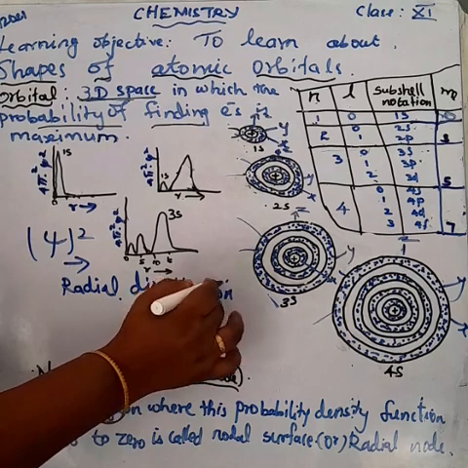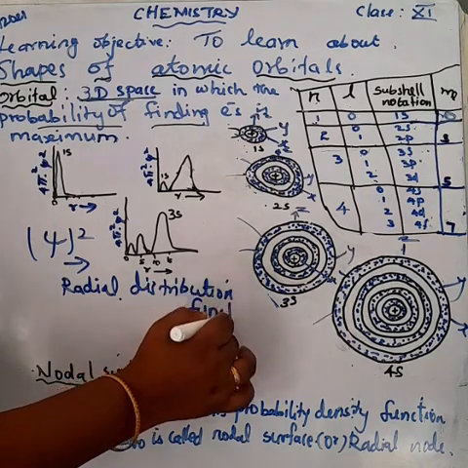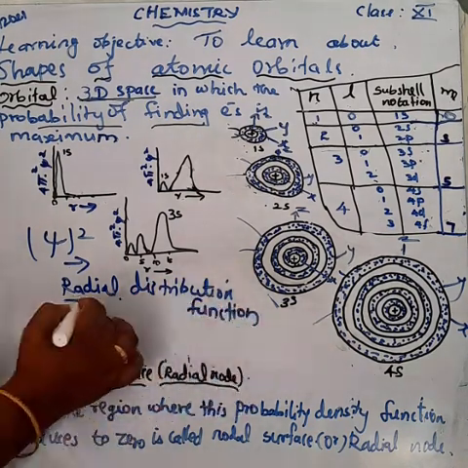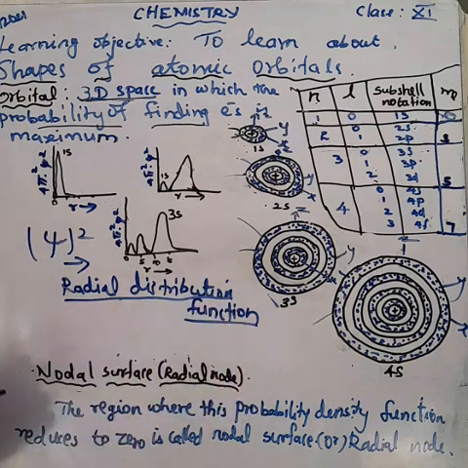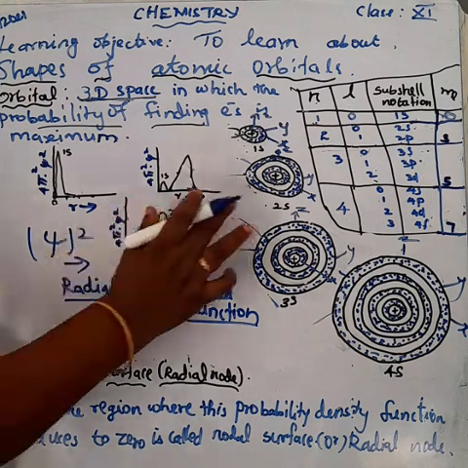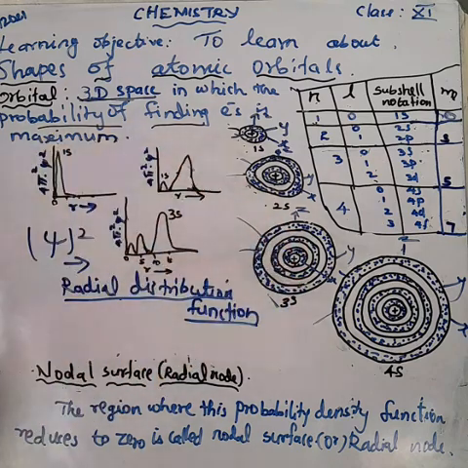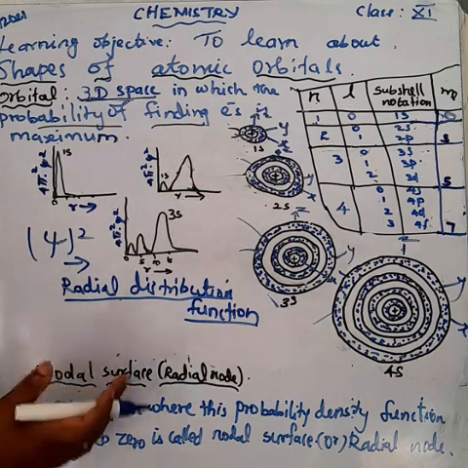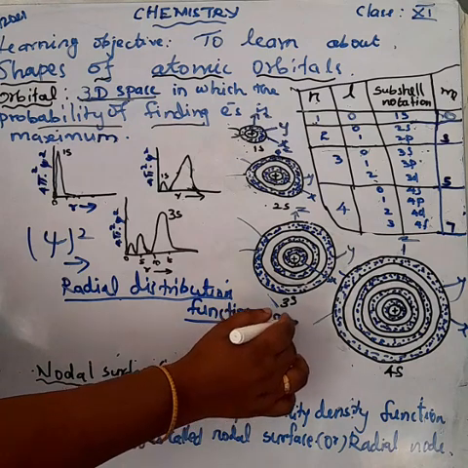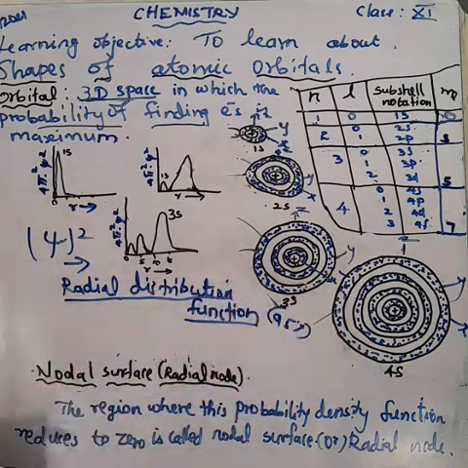We can find the maximum probability of the electron with the distance from the nucleus. Maximum means not exactly 95% probability.